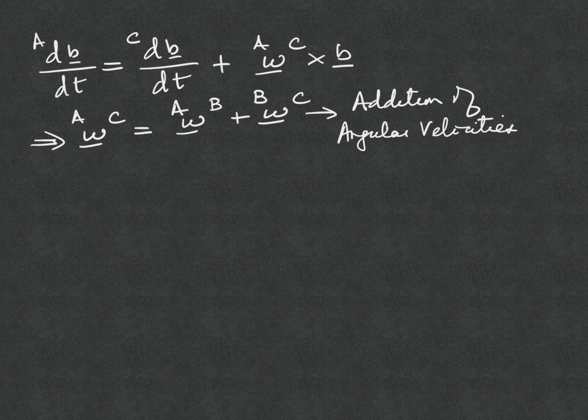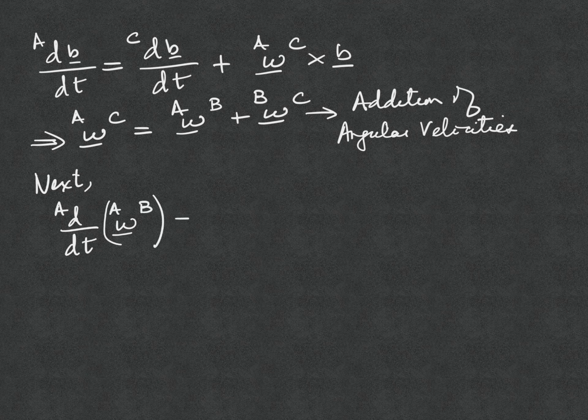The next thing is, we need to deal with one more derivative often in angular velocity, which is what's called the angular acceleration. So suppose we take the rate of change in frame A of omega BA.